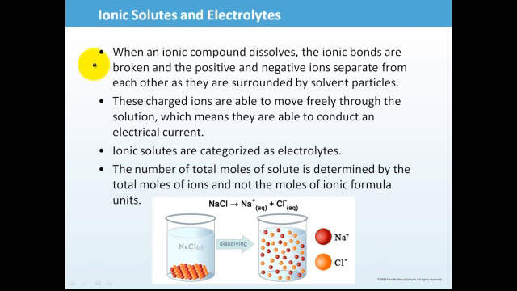So those ions then get surrounded by the solvent particles. So if you look down here in the illustration, we started with NaCl, which is just salt, and when we place it in water, which is what we typically dissolve it in, the ions break apart. So you can see we've got positive ions and negative ions, and they're going to get surrounded by the water, and we now have NaCl dissolved in the water.